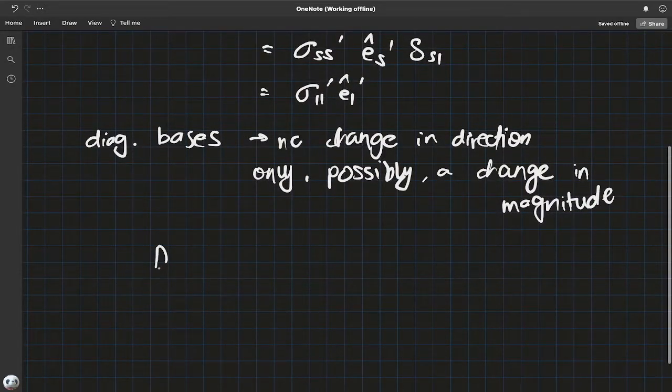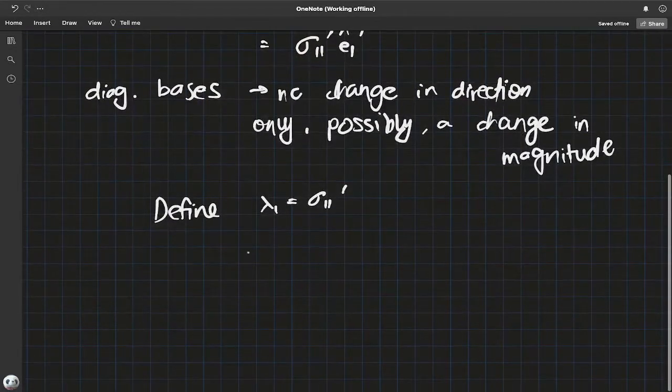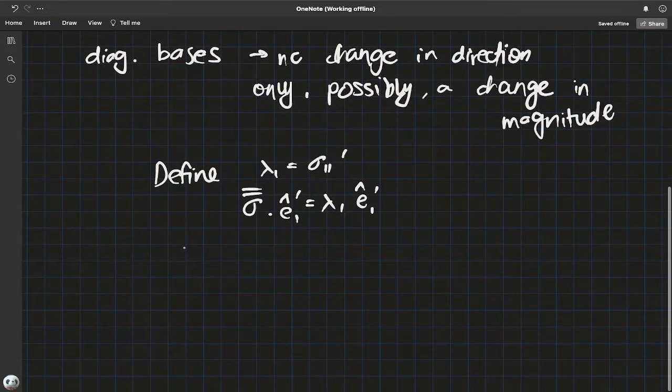So I'm going to define lambda 1 to be the component in this top line. So I have sigma tensor dotted with e1 prime is equal to lambda 1 e1 prime. I forgot the prime.